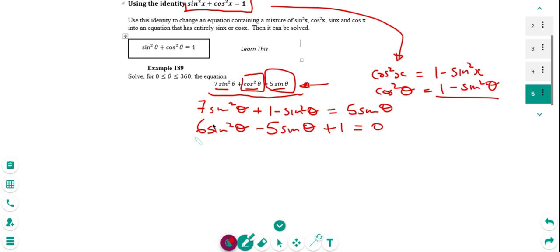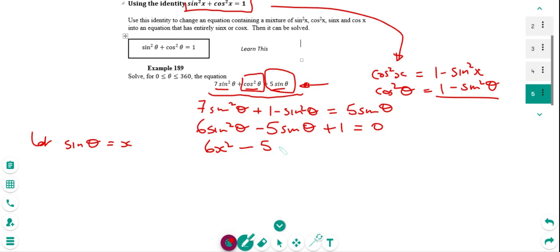Now we could either try and solve it like that, or if we do a little substitution, we can say, let sine theta equal x, and then it's going to look familiar because it looks like a quadratic. So we replace the sine by x.